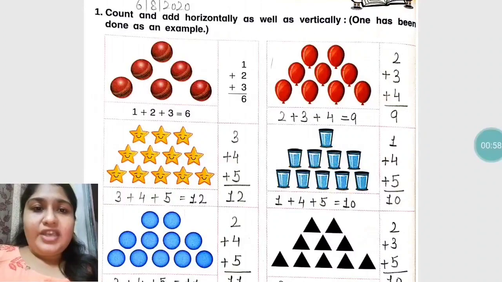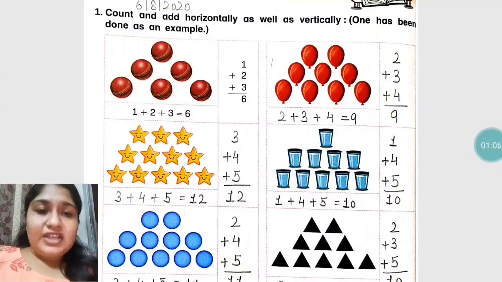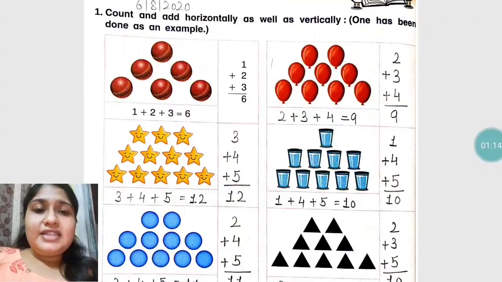So students, 3 rows are given. In the first row, 3 stars are there. In the second row, 4 stars are there. And in the third row, 5 stars are there. So when you add 3 plus 4, the answer is 7. And when we add that 7 to 5, the answer is 12.